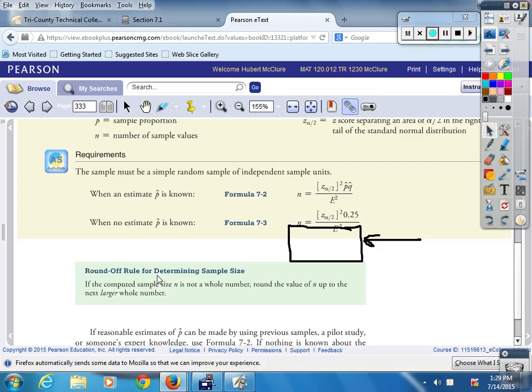A decimal. Okay, let's go back and put it back in. If the computed number is a decimal, then what do you do? There we go. Oh, well, what if it's a whole number?